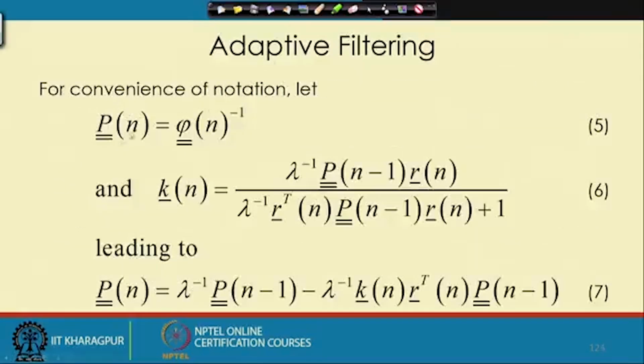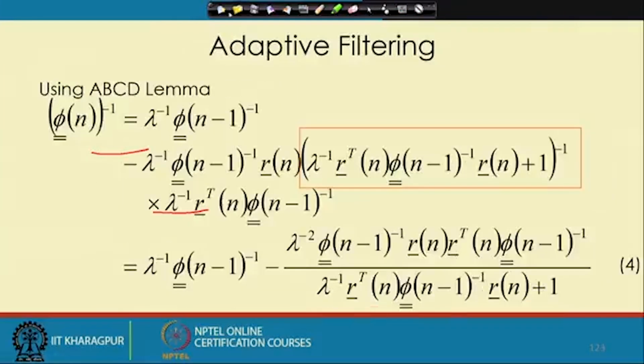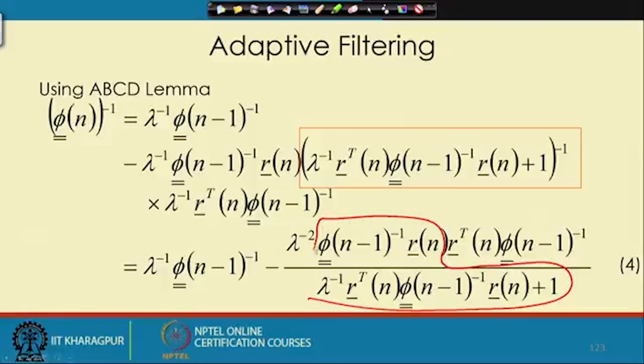P n is again a matrix, nothing but phi n inverse, and another thing introduced is the vector k n. And how is the vector k n chosen? Let us look at the previous page, where we have this denominator and this part.